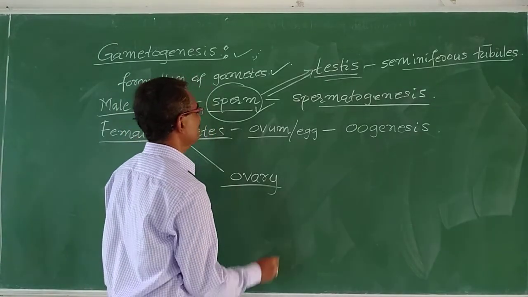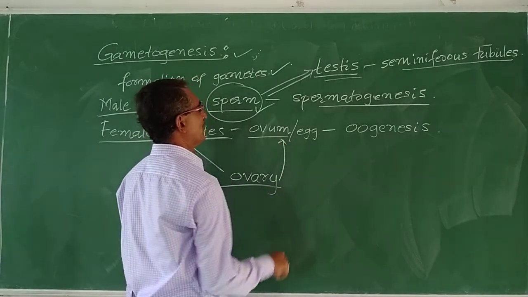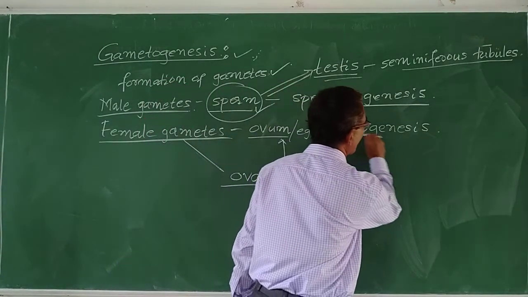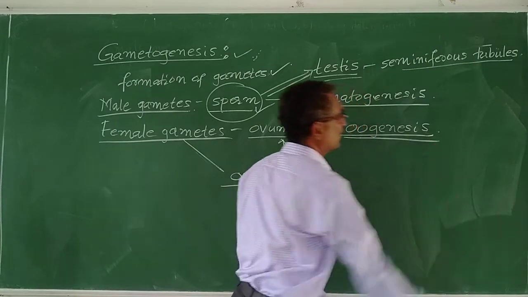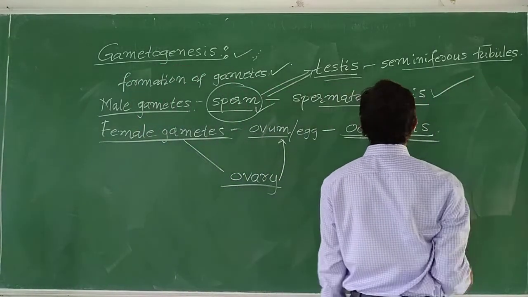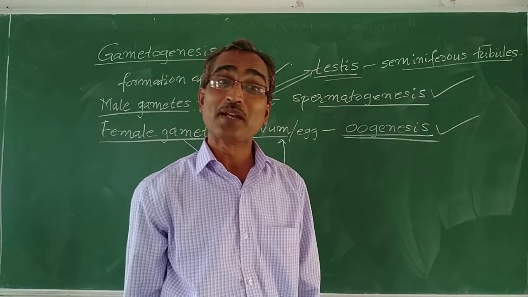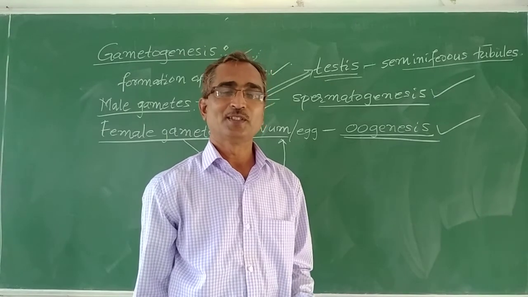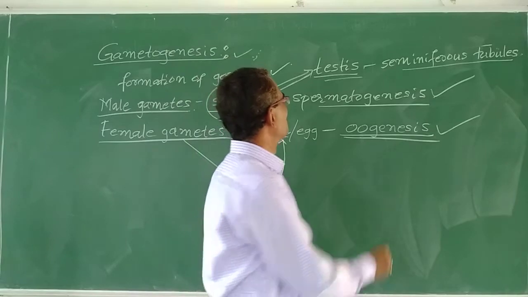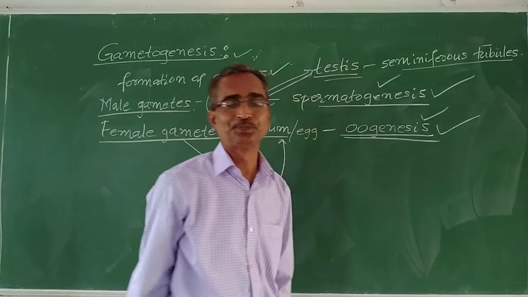Here the female gametes are called ovum, and the process of formation of ovum is known as oogenesis. So we are going to discuss spermatogenesis and oogenesis separately, and we are also going to schematically represent spermatogenesis and oogenesis.